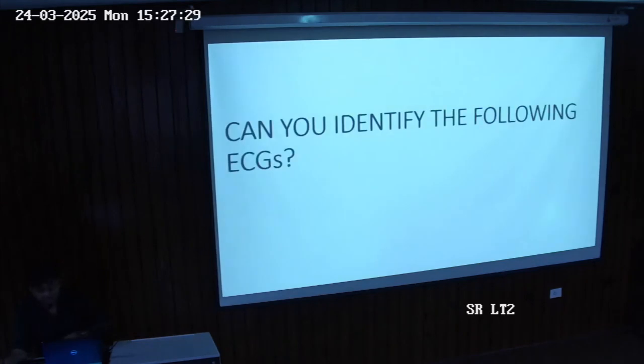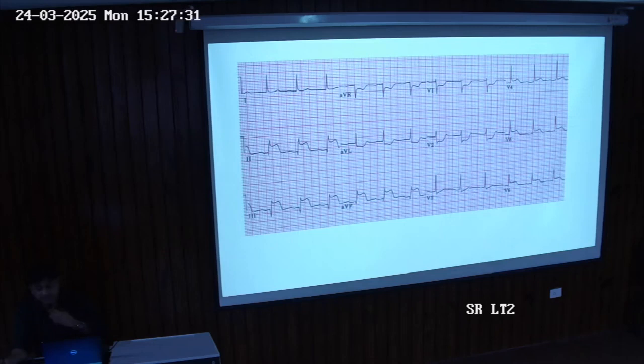Now can you identify what is going on in this ECG? Any idea?